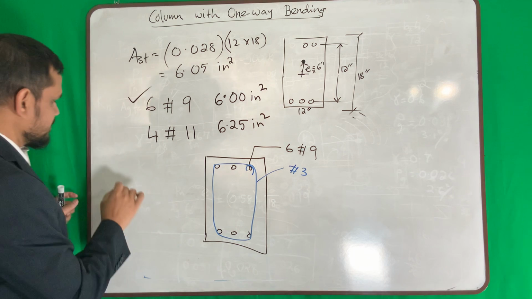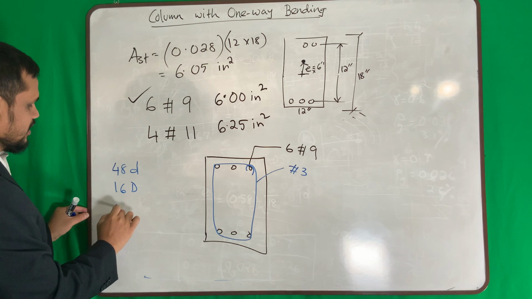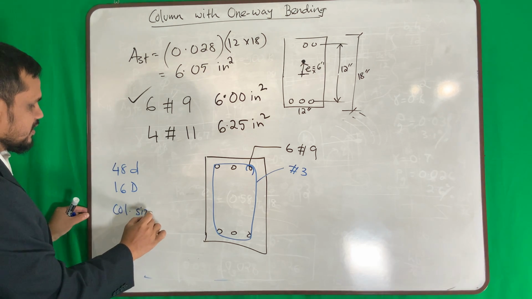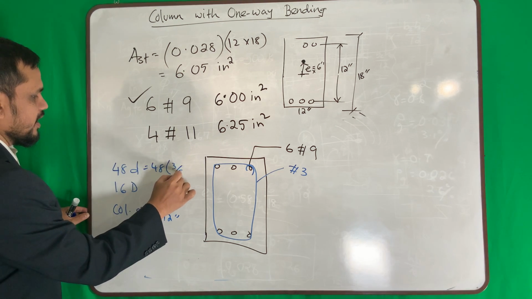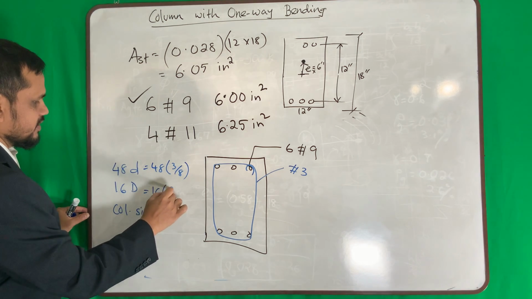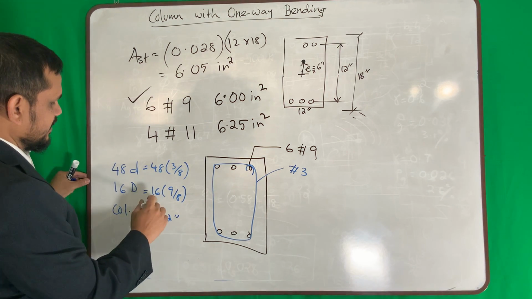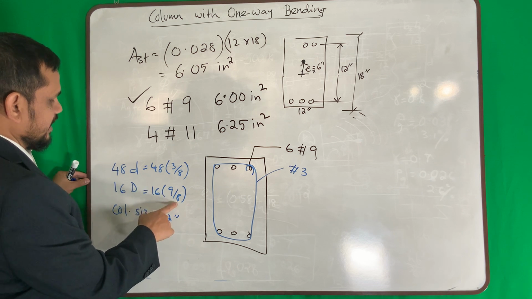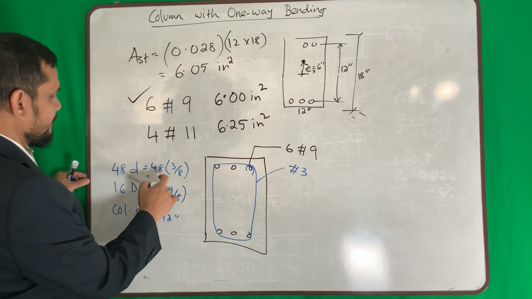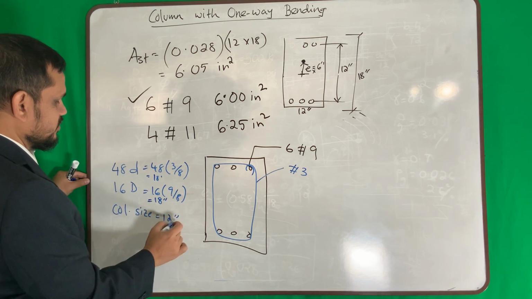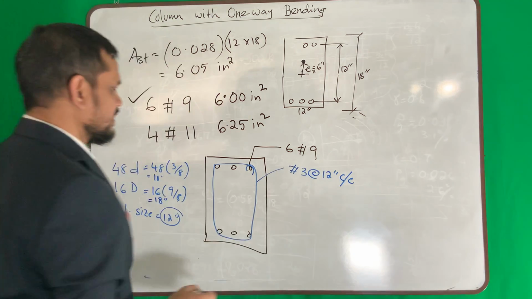What should the tie spacing be? 48 times lowercase d, 16 times uppercase D, or column size, which is 12 inch. 48 times 3/8 or 16 times 9/8 is 18 inch, and the column size is 12 inch. So 12 inch center to center.